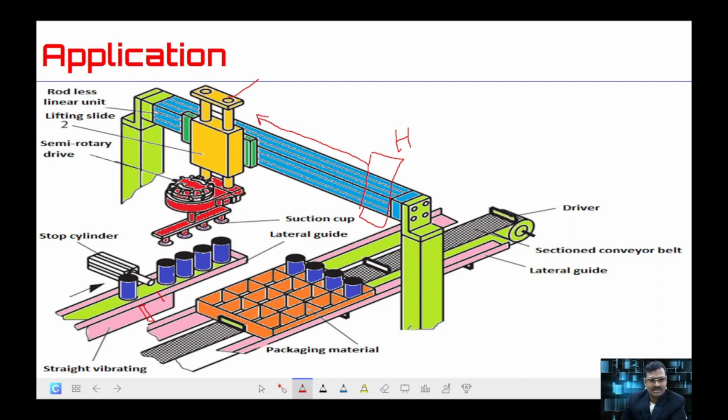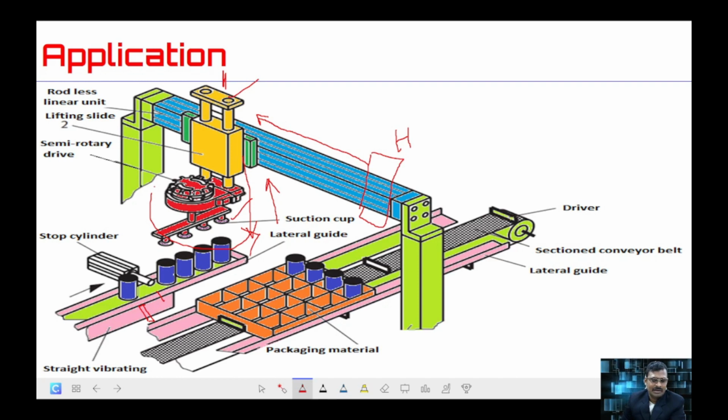Once it has reached the required position, the extended position, the lifting slide will go down like this, and once it has reached this down position or extended position, the suction cup has to be given a signal and it has to take the object. Once this is done, the semi-rotary actuator has to rotate in this direction, and at the same time the lifting unit has to go up.